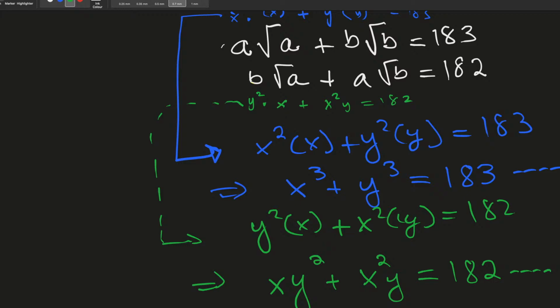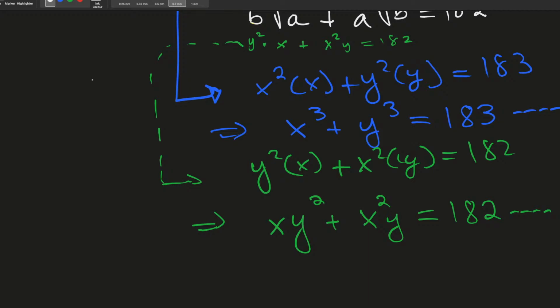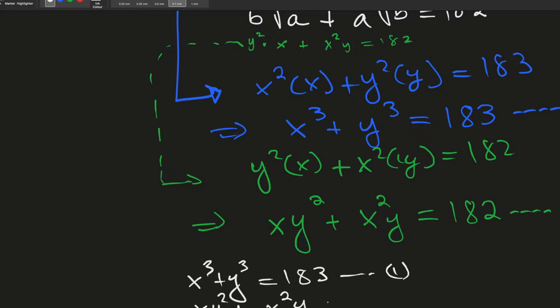Friends, it's so beautiful that we have been able to break this thing down. So let us put these two equations together: the first equation, x cubed plus y cubed equal to 183, as equation 1, and the second, xy squared plus x squared y equal to 182, as equation 2.